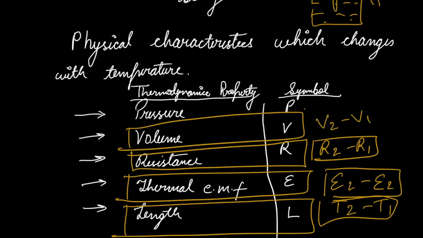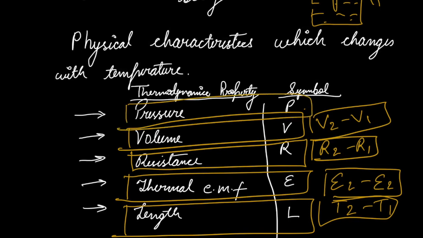So V2 minus V1 will correlate to change in temperature. And then finally, there are pressure measurement devices where pressure will change when the temperature is changed. So this will be P2 minus P1. So this is how we are measuring temperature. These are the 5 different categories which are used right now. These are the typical temperature measurement devices: pressure, volume, resistance, thermal EMF, length. And all the thermometers are designed around these.